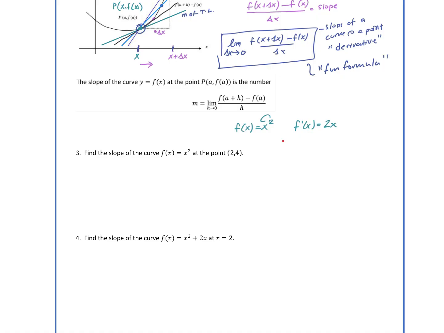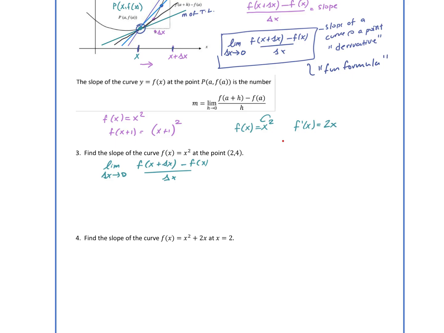Now remember function notation. Because with function notation, if f of x is, let's say, x squared, and I wanted you to do f of x plus 1, remember you take the x plus 1, you plug it in for the x, and then you do whatever the function is asking you to do. So the formula is going to be the limit as delta x goes to 0 of f of x plus delta x minus f of x all over delta x.